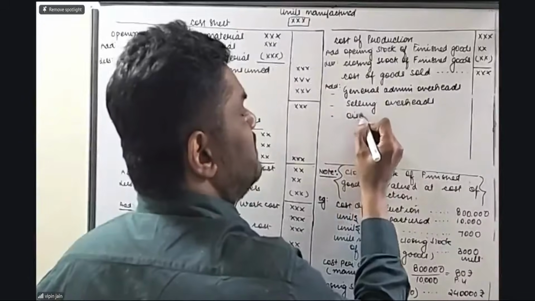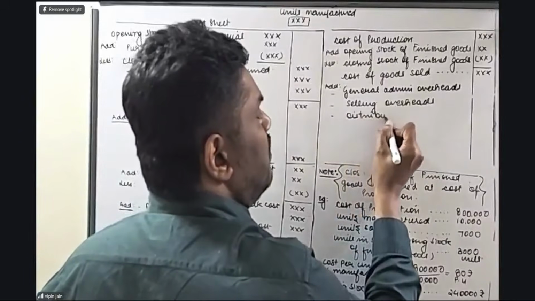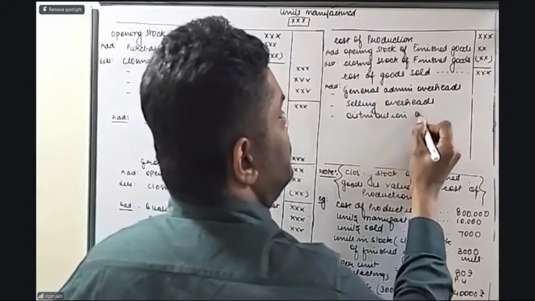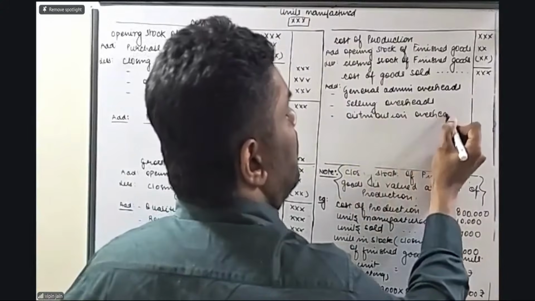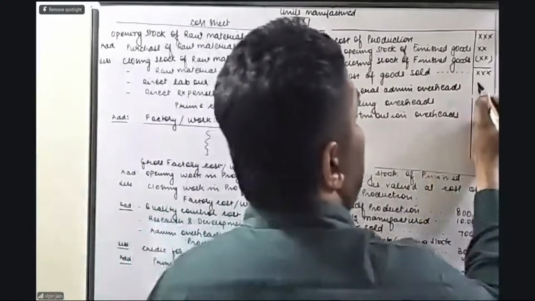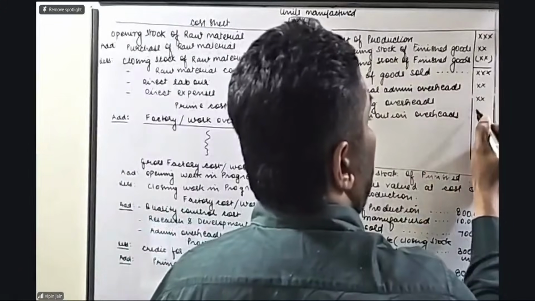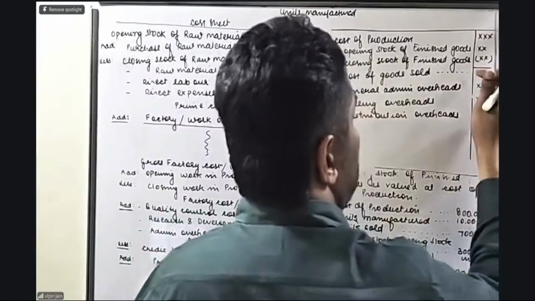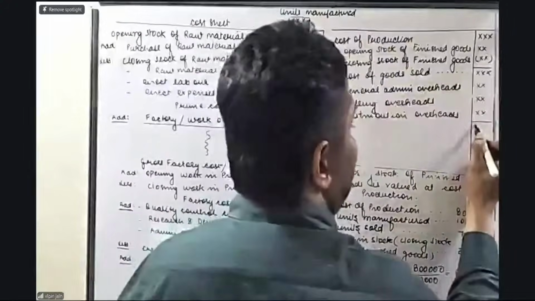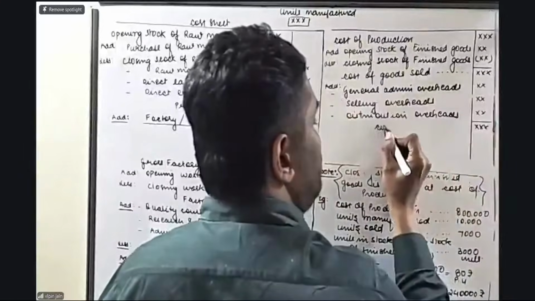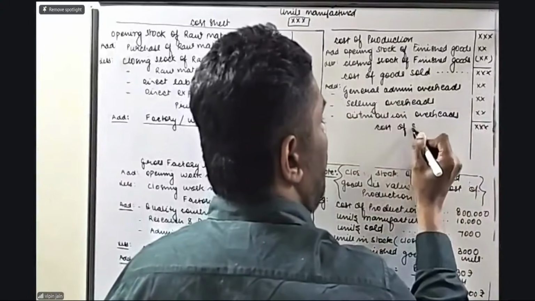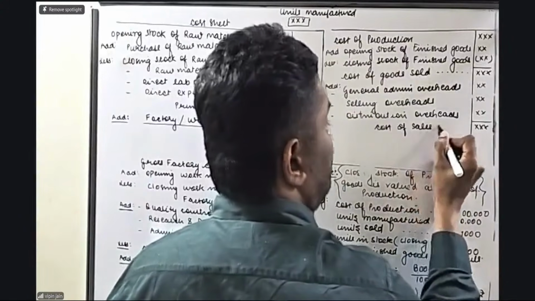And next is distribution overhead. So after adding all these items, we will get the final cost, that is the cost of sales.